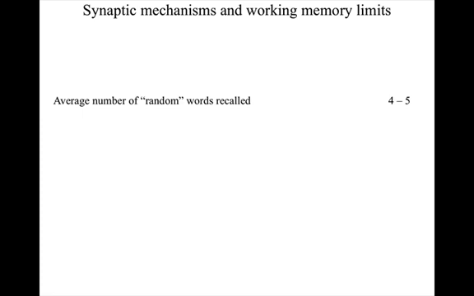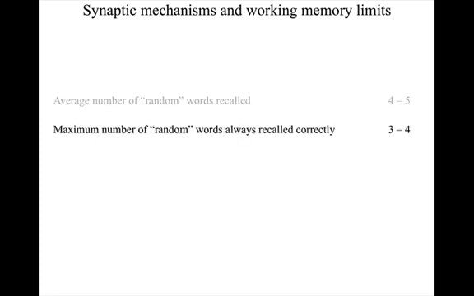However, it's quite hard to avoid possible meaningful connections between words. All sorts of associations may have been created by the past experiences of the subject. So a better test is to measure recall for different lengths of list and measure the longest list length that can always be recalled without errors. And this turns out to be 3 or perhaps 4, depending on the subject.